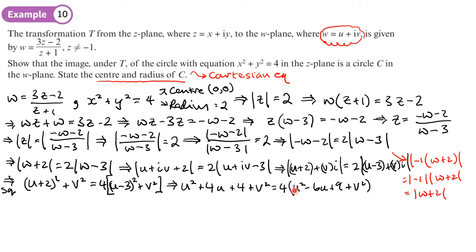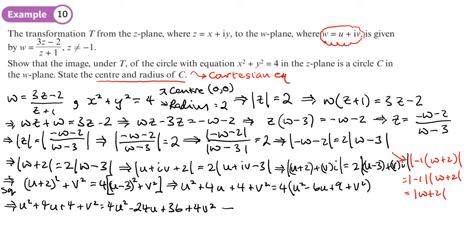So what we'll do now is we'll multiply this out by 4 and see what we get. So that will be u squared plus 4u plus 4 plus v squared equals, so we'll have 4u squared minus 24u plus 36 plus 4v squared.